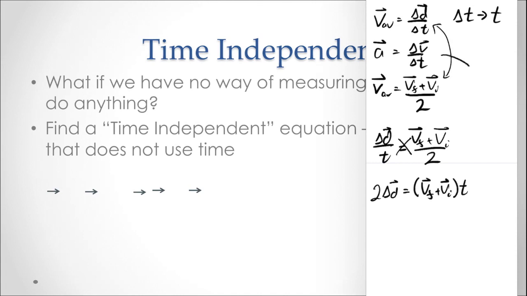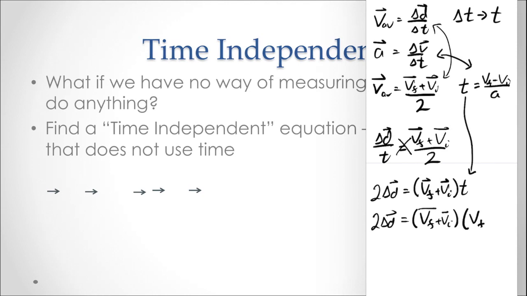Now we will introduce our last equation. By rearranging this equation, we find that t is equal to Vf minus Vi over A, and we can substitute this t into our new equation. After doing so, you'll find 2 delta d is equal to Vf plus Vi times Vf minus Vi over A.